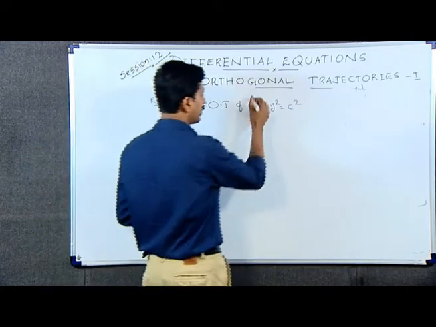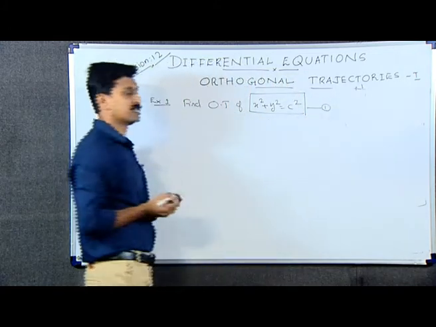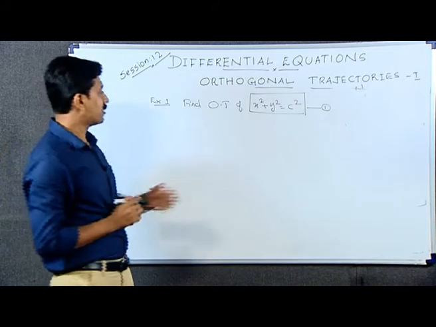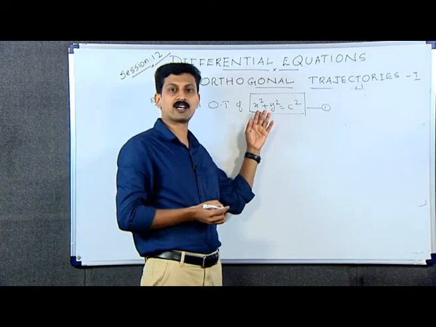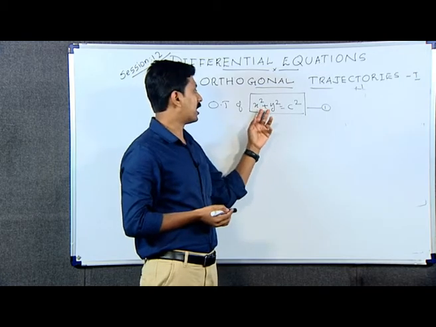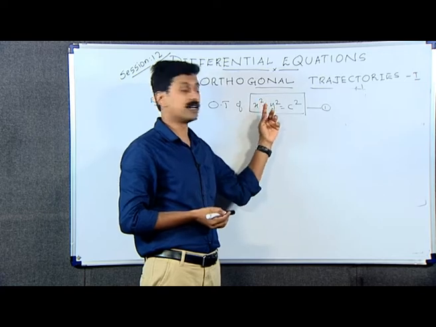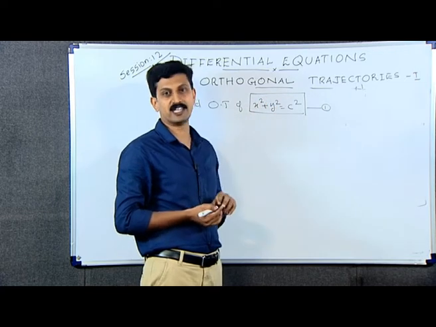I am taking x square plus y square equal to c square as equation number 1. We are familiar with this family of curves; it is a set of concentric circles centered at the origin with radius c.